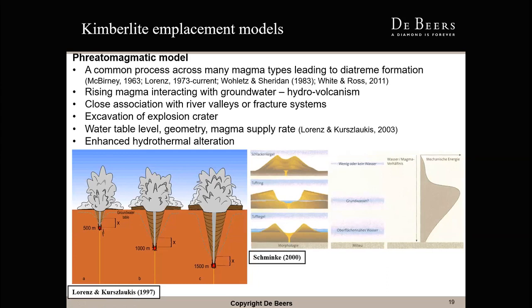It basically involves the ascent of magma and then interacting with groundwater, either in fractures or in aquifers, etc. In doing so, it usually produces fairly violent explosivity, as you can imagine, when a hot magma comes into contact with cold water. The diagram on the bottom left-hand side basically gives you an indication of how this works. So there you've had your column of magma rising, you intersect the groundwater, and you generate an explosion.